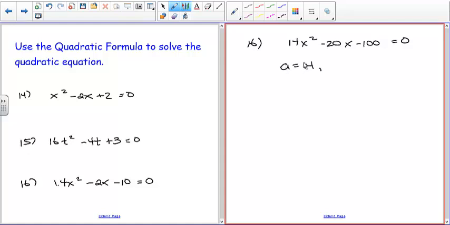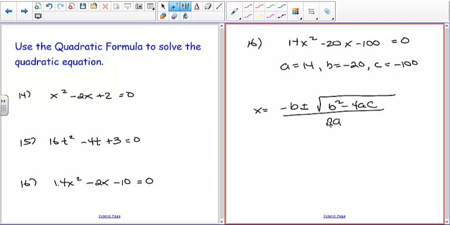So I'm going to have a is 14, b is negative 20, c is equal to negative 100. So using the quadratic formula, minus b plus or minus the square root of b squared minus 4ac over 2a. So we have negative negative 20 plus or minus square root of b squared, which is negative 20 squared, minus 4 times a, which is negative 100, times a, which is 14.